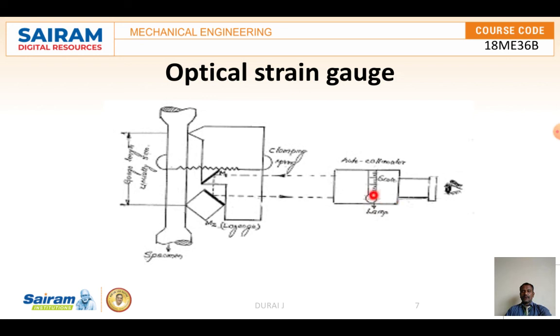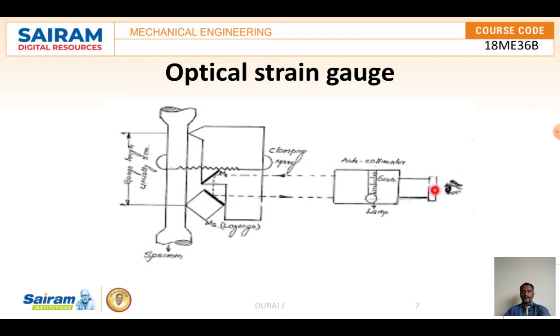So this is the Tuckerman strain gauge. Here we need to remember the lugs. This is one lug, and there is another one. Initially the parallel beam is sent, reflected via the edge of the lug, and reflected towards the autocollimator.